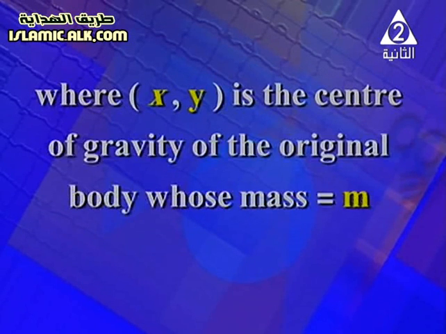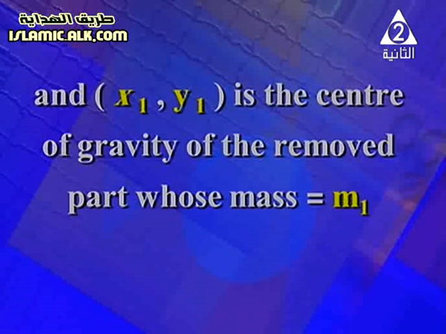This is the Cartesian x2, y2. Here x and y is the center of gravity of the original body whose mass equals m, and x1, y1 is the center of gravity of the removed part whose mass is m1.